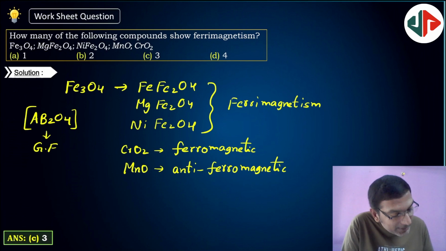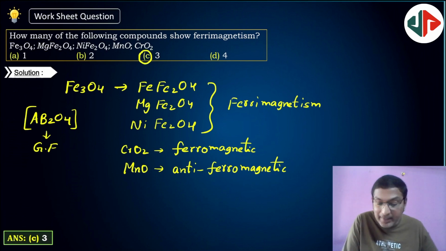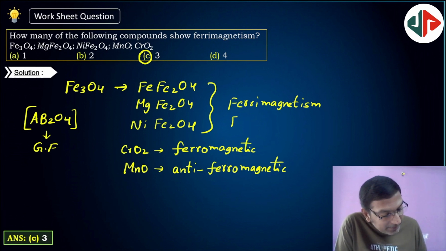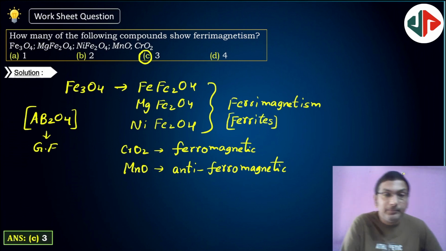Therefore, three compounds can show ferrimagnetism. So all these are known as ferrites. So option C. That means three compounds can show ferrimagnetism.